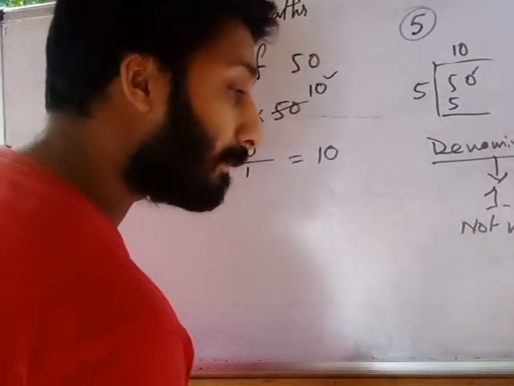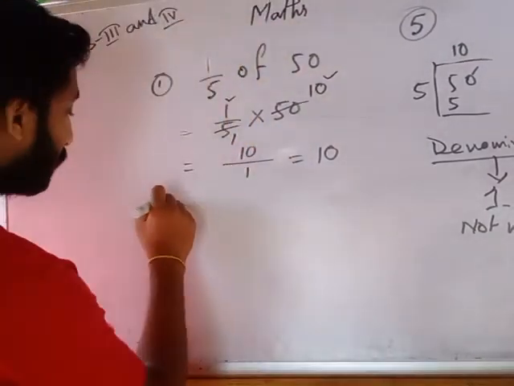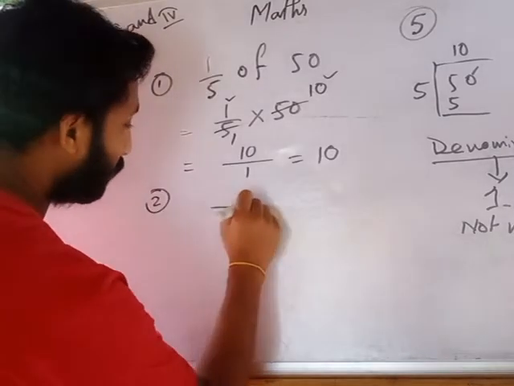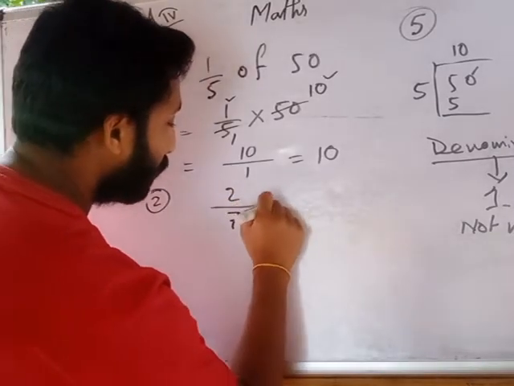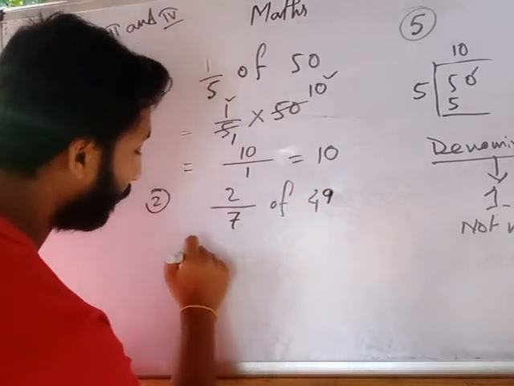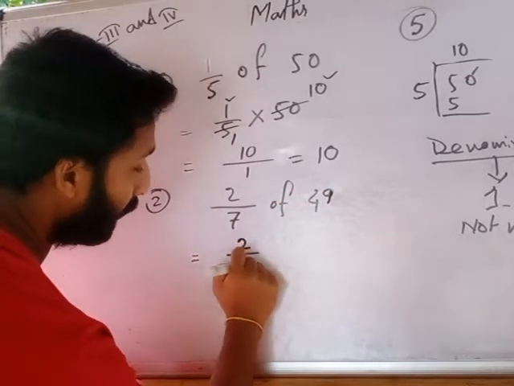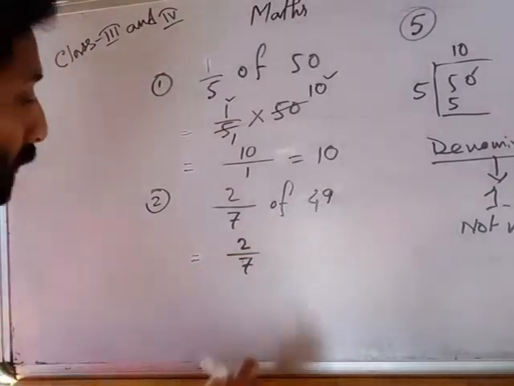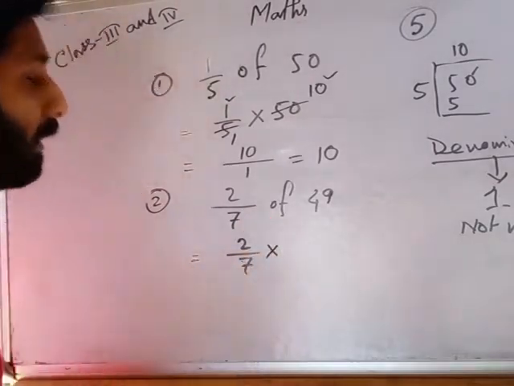Suppose it is 2/7 of 49. At first we should write the multiplication sign.